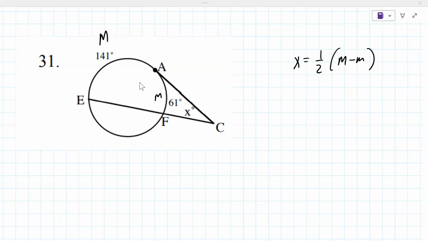So 141 minus 61 is 80. One-half of 80. What is half of 80? You're looking to grab a calculator. So X ends up being 40. Good. All right, let's try another one.